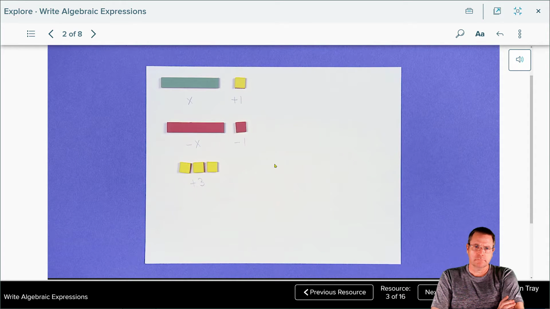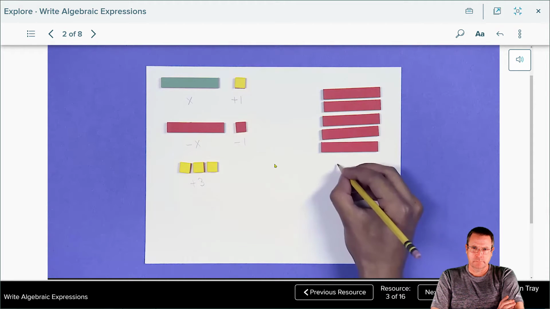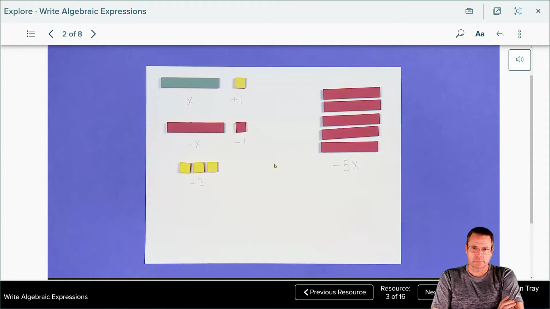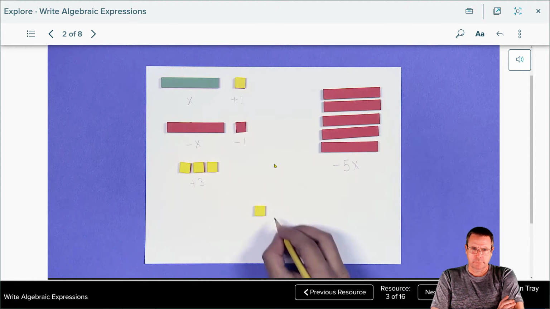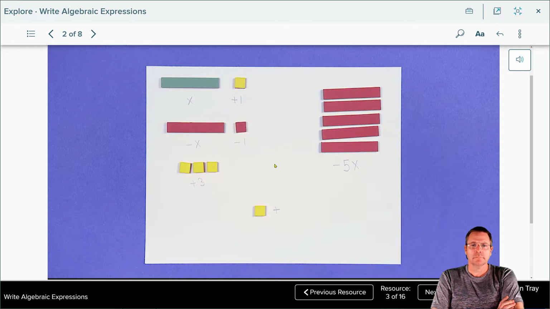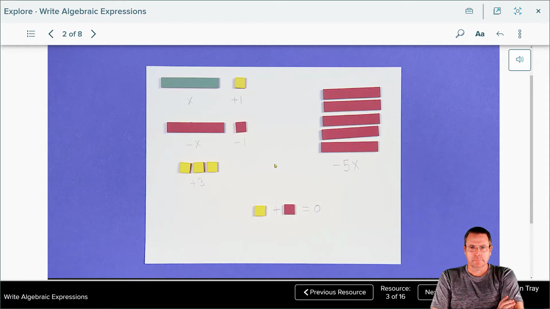And 5 negative X tiles represent the term negative 5X. A pair consisting of a positive 1 tile and a negative 1 tile is called a zero pair. These tiles cancel each other out to result in a value of 0. The same applies to X tiles.